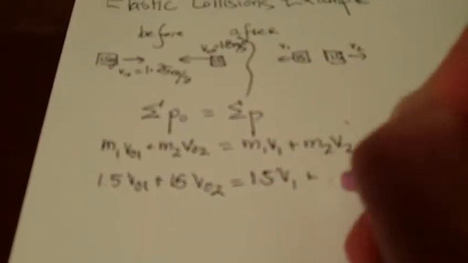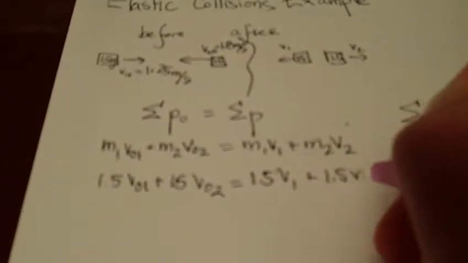I'm going to go ahead and fill in the masses first. If you read this question and realized they're the same mass, you maybe would have thought to do this without plugging them in, but basically it looks like every single term has a 1.5 in front of it.